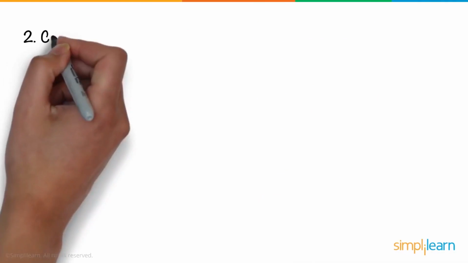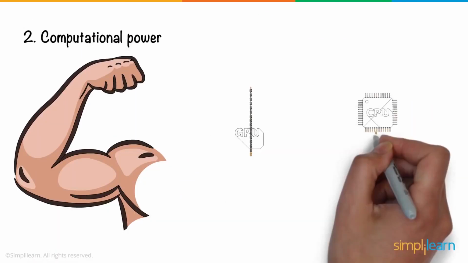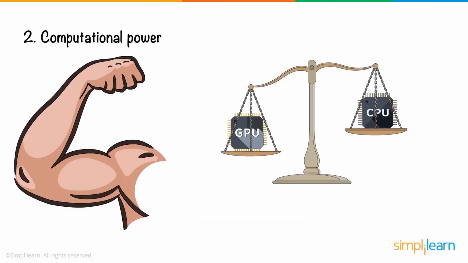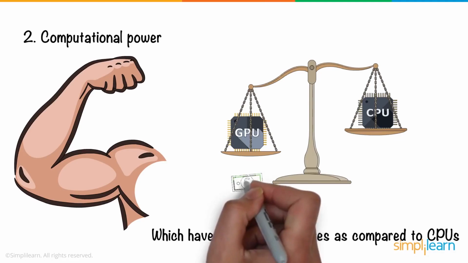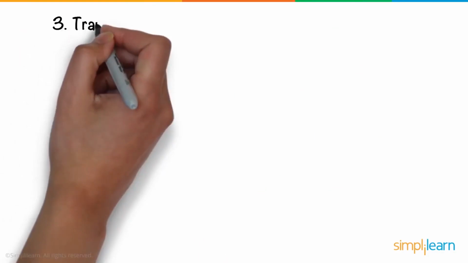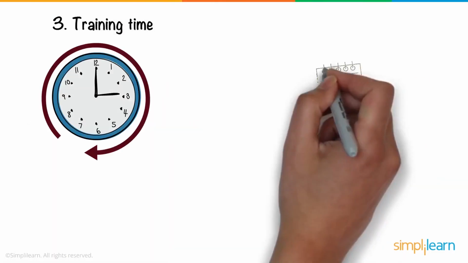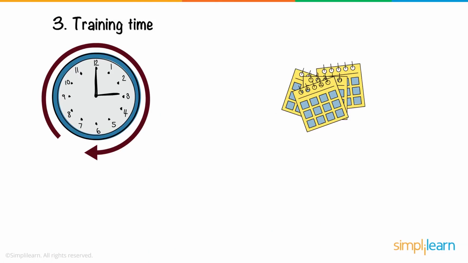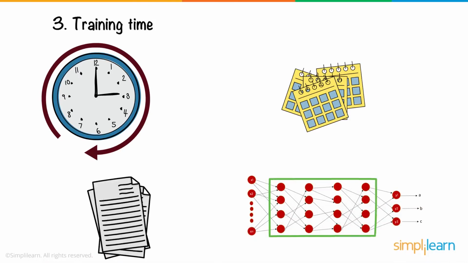And that brings us to our second limitation: computational power. Training a neural network requires graphical processing units, which have thousands of cores as compared to CPUs. And GPUs are, of course, more expensive. And finally, we come down to training time. Deep neural networks take hours or even months to train. The time increases with the amount of data and number of layers in the network.